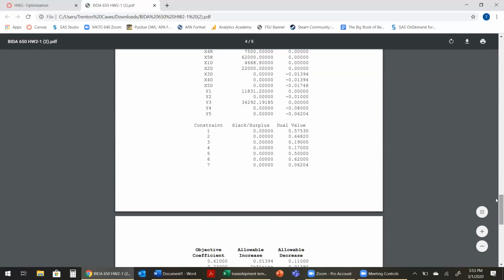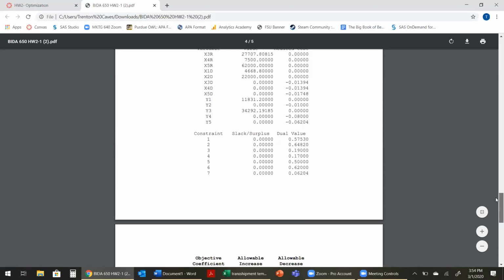So a shadow price or dual value is also known as the extra profit generated by one more unit available of that constraint. So for our capacity constraints, 1 and 2, that's how much more 1 hour of production would be worth.